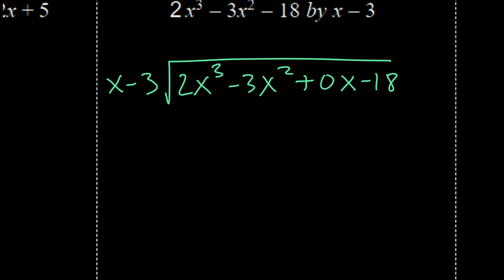Right, you ask yourself, what times x will give you 2x cubed? And what did you guys have? 2x squared. Yes. Then what do we do with that 2x squared? Yeah, you multiply it back in.